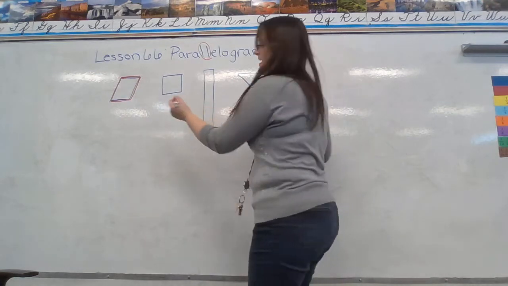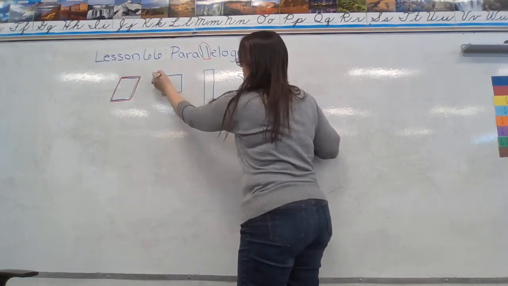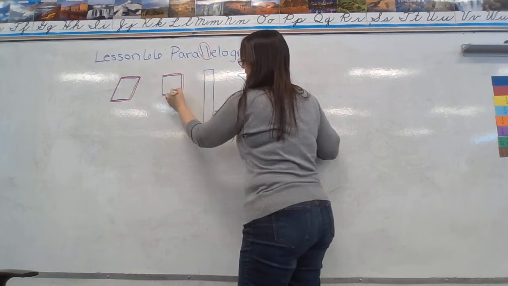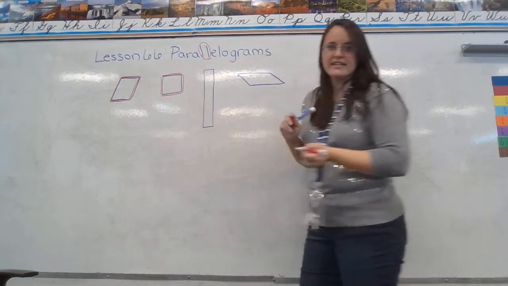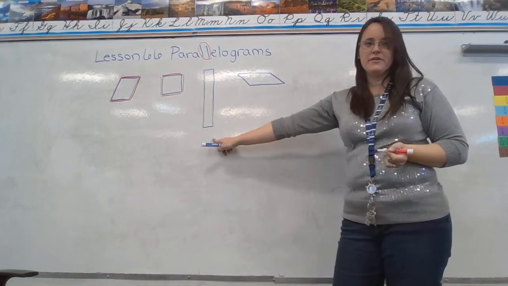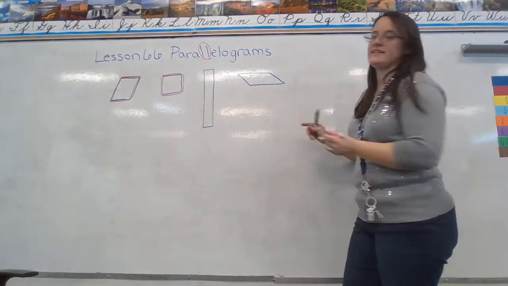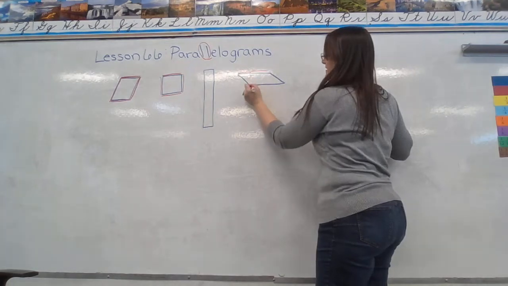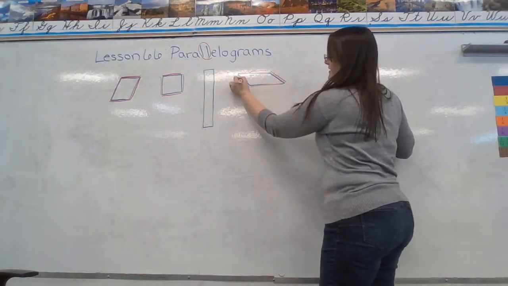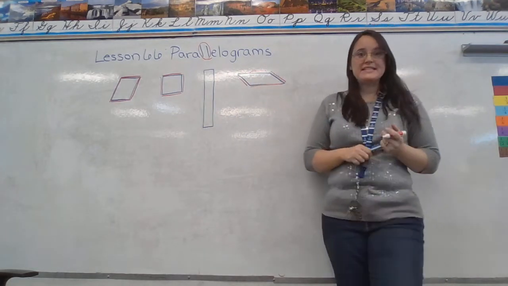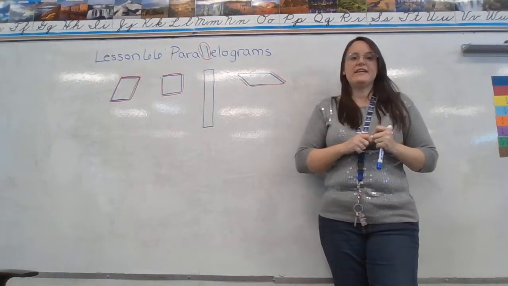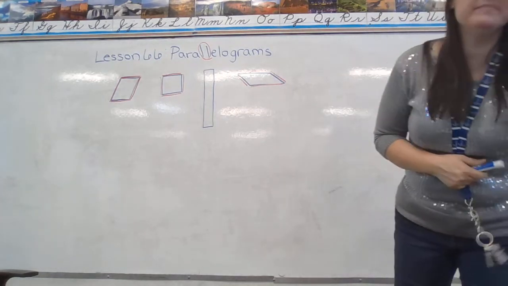Same thing on this one. We have parallel sides horizontally and parallel sides vertically. Same here, parallel sides, and then this one here, parallel and parallel. Opposite sides are always parallel in a parallelogram.